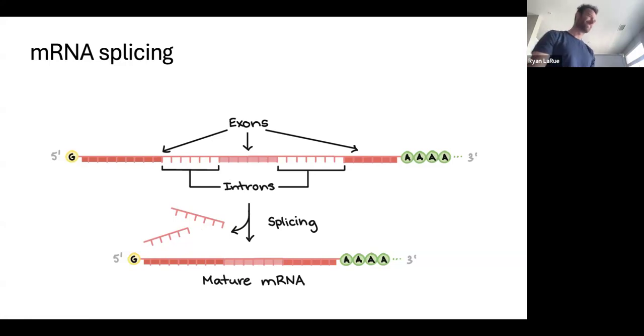Nope. Of course, it's the opposite. The introns don't stay in. They get spliced out. They get removed from the messenger RNA molecule. And then the exons get combined and put together. So that mature final messenger RNA is only the exon regions together.